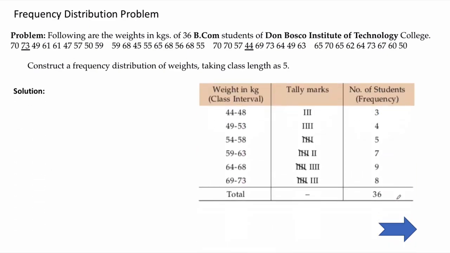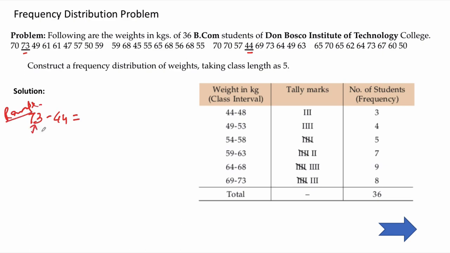In this case, you can see that the minimum is 44, sorry, weight, and the maximum is 73. So if I calculate, we'll get the range.